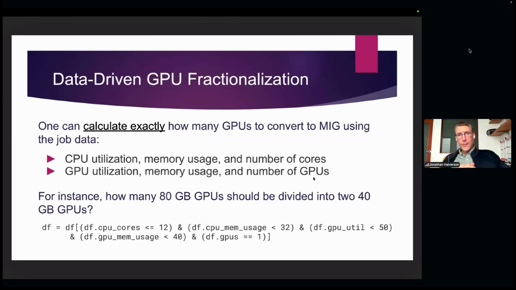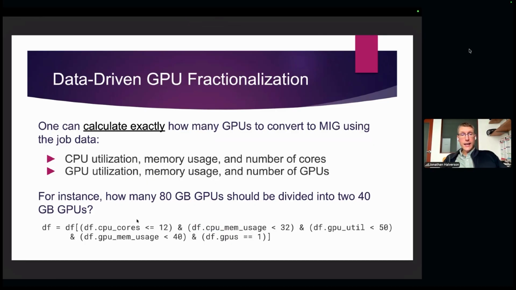So with the Jobstats data, because we have CPU utilization and memory usage and the number of cores, and the GPU utilization and memory usage and the number of GPUs for every job, we could actually calculate exactly how to divide a GPU up into the MIG instances. You might ask, how many 80 gigabyte GPUs should you divide into 2 40 gigabyte GPUs?